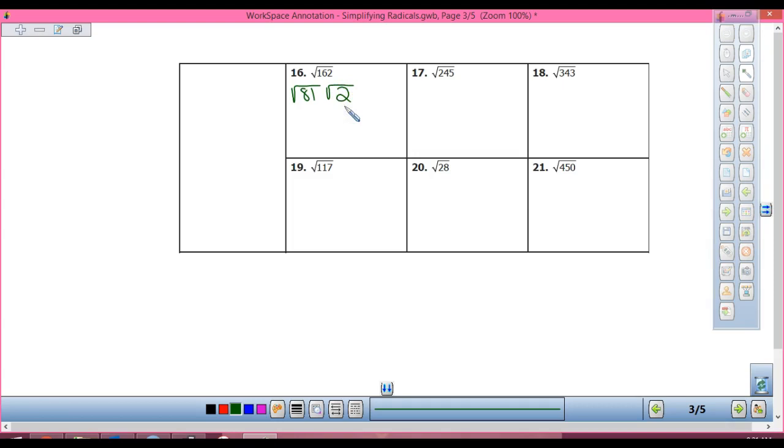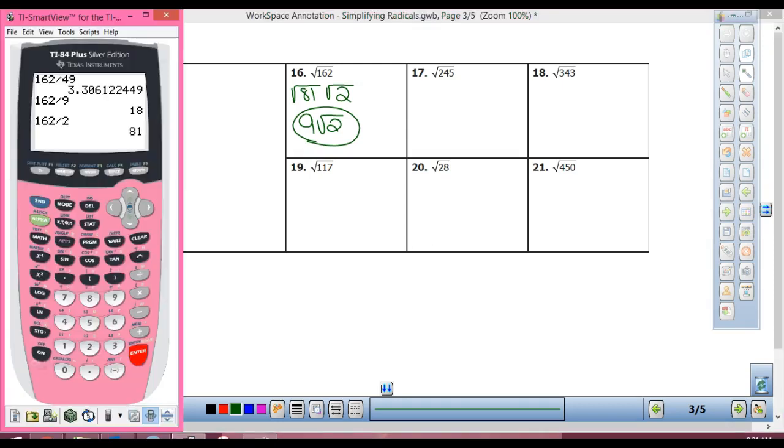Okay, some of you that aren't participating in trying to find these are going to have a really hard time in this chapter. So the square root of 81 is 9, so 9 root 2. Okay, how about 245? Divide by 5? Okay, so let's talk about this.